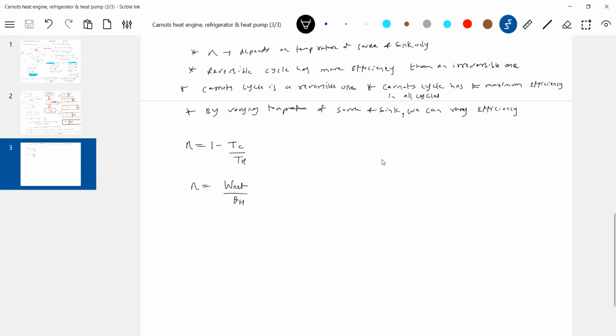Agree? I think these are the formulas you have to remember. Please remember them. Very important. Anybody wants to ask?